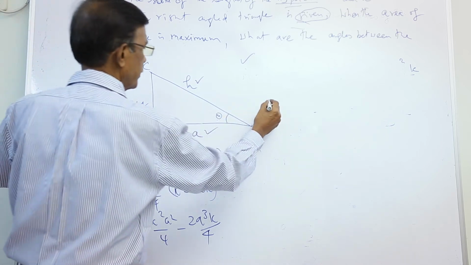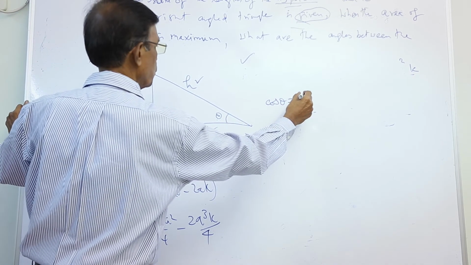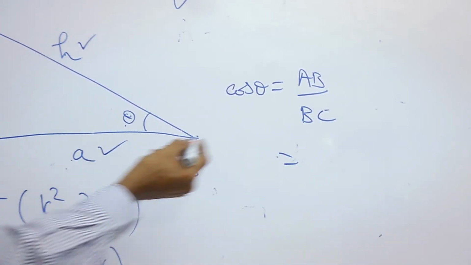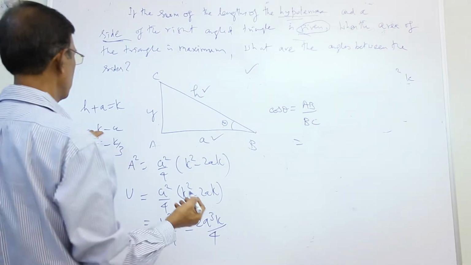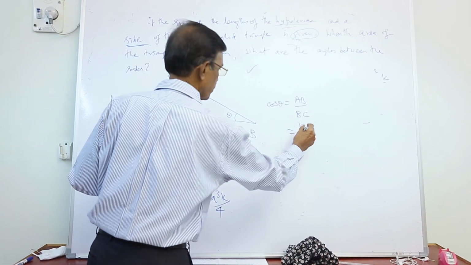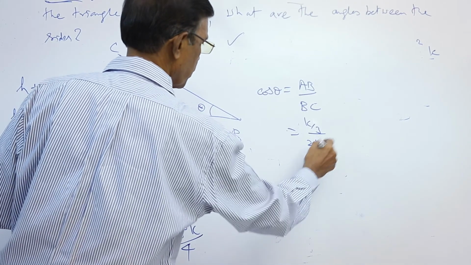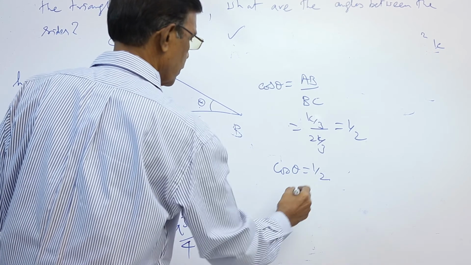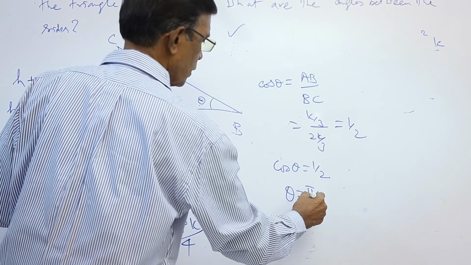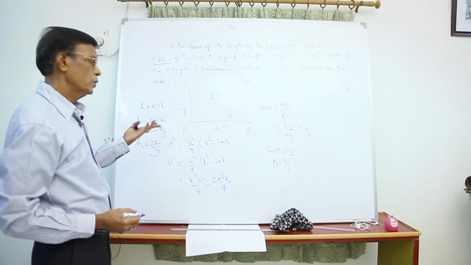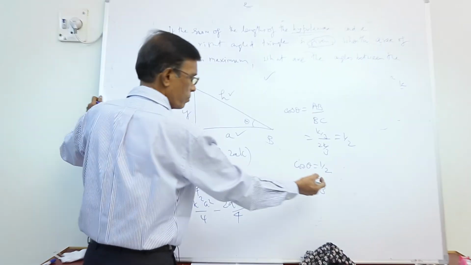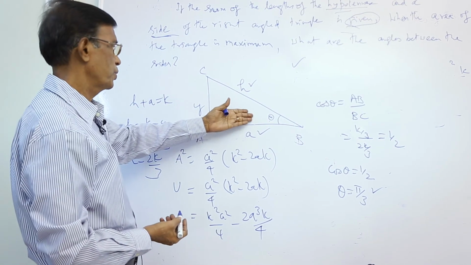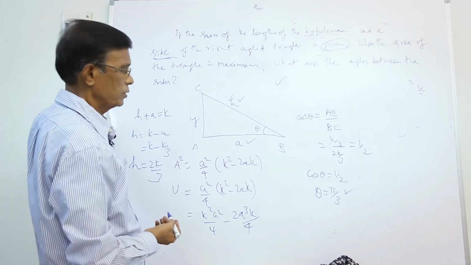So I take cos theta, which is equal to AB by BC, that is, your a is equal to, you already calculated, k by 3, and this is your 2k by 3, this is your 1 by 2. So your cos theta is equal to half, therefore theta is equal to pi by 3, isn't it? So you have calculated one angle, therefore if this is pi by 3, this is 90 minus pi by 3, that means that becomes 30.